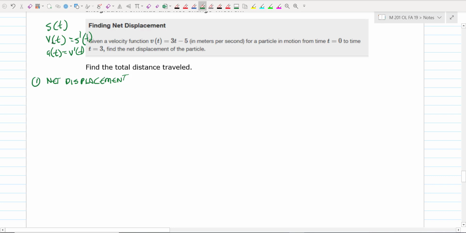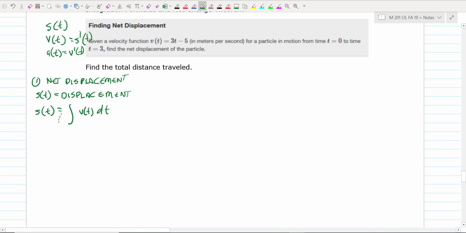We're given the velocity and we want to find s of t. s of t is what we typically use for the displacement in physics, and we're going to formulate an integral. So s of t is basically just the integral of v of t dt.